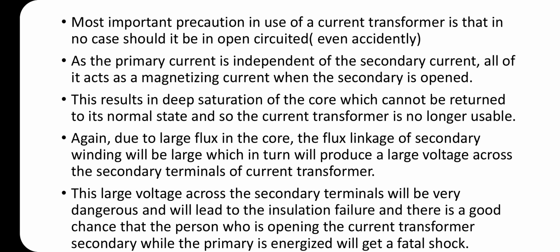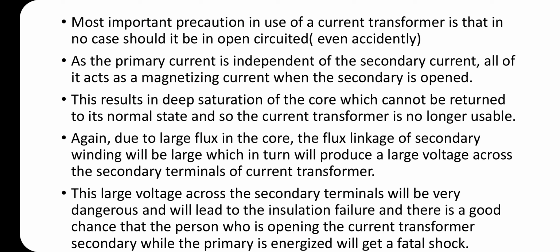Most important precaution in use of a current transformer is that in no case should it be open circuited, even accidentally. As the primary current is independent of the secondary current, all of it acts as magnetizing current when the secondary is opened. This results in deep saturation of the core which cannot be returned to its normal state, and so the current transformer is no longer usable.